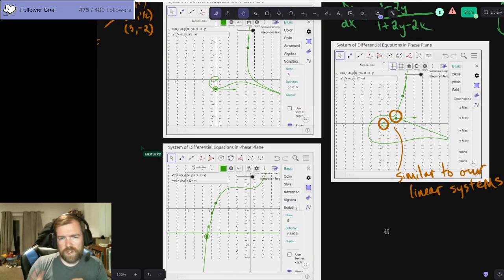And based on just even the pictures that I have here, what does it look like is going on at 0, 1?